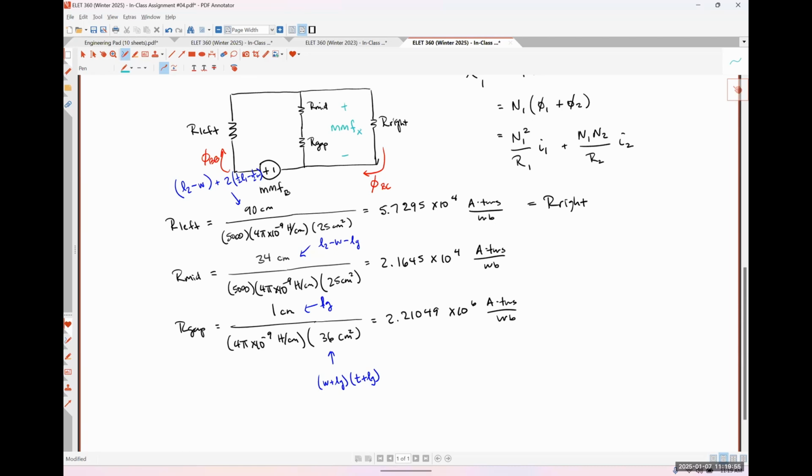Both of those processes should give us the exact same results. This is not the way I did it in the video, so you'll see a different way. Let's do the flux division approach.